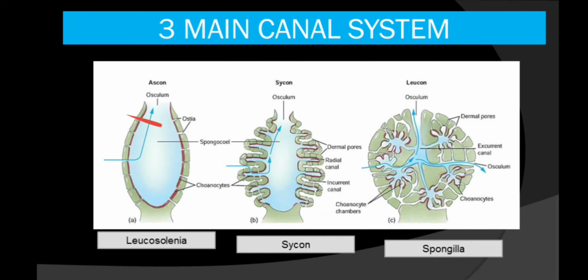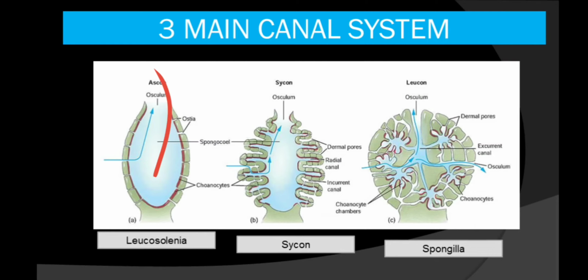Now, if you see the canals in different animals of this phylum, you will see that there are three main types of canal system. The first one is the simplest type, known as the Ascon type, whereas this one is the most complicated, known as the Leucon type. Okay, so first one, observe this one, Ascon type.